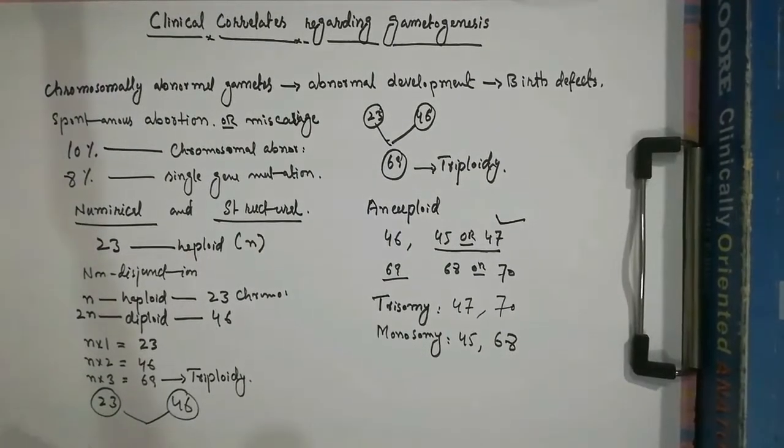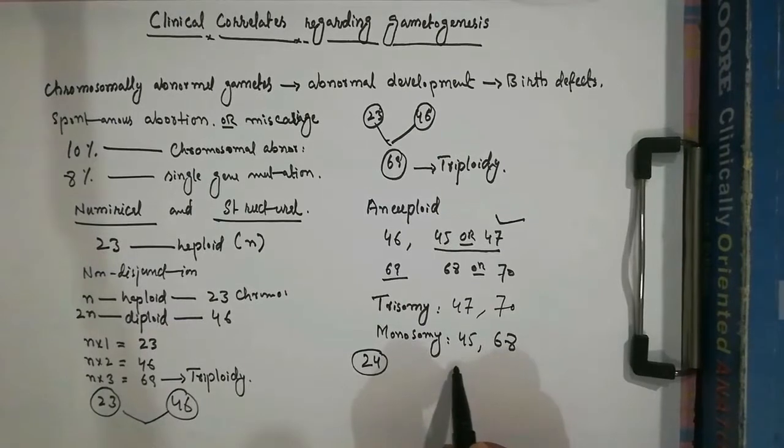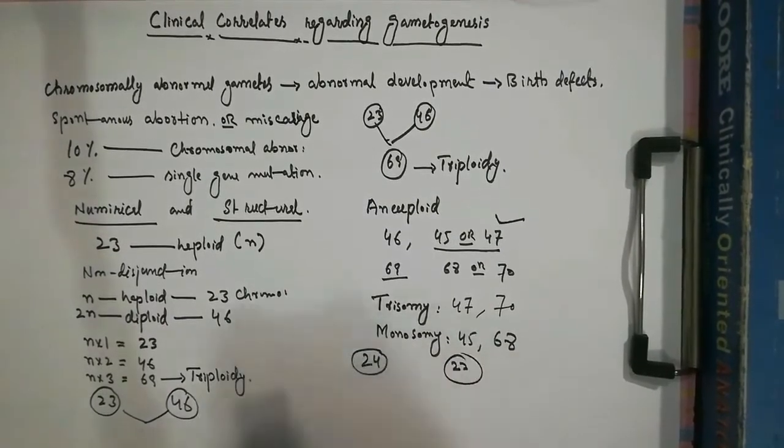Due to non-disjunction, one gamete contains both chromosomes of a homologous pair. Means it contains 24 chromosomes and the other gamete contains 22 chromosomes.